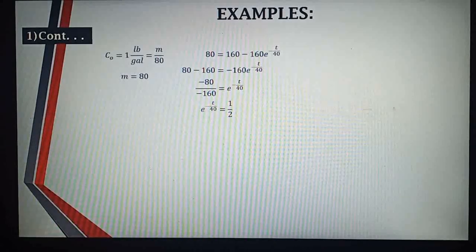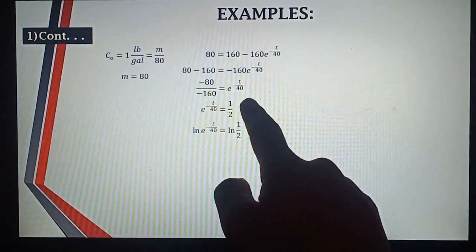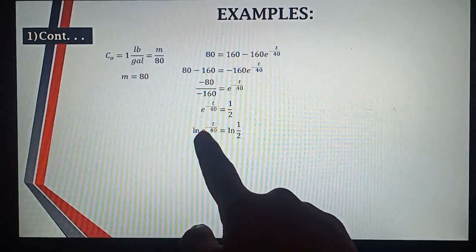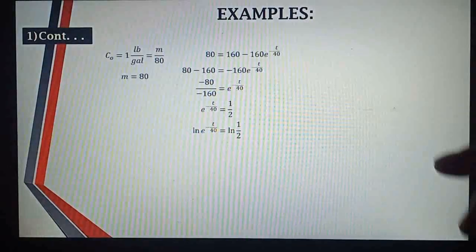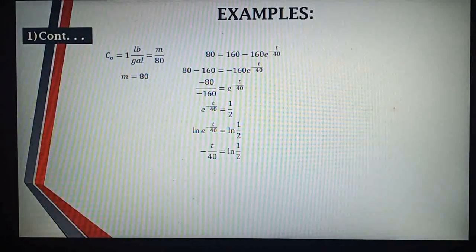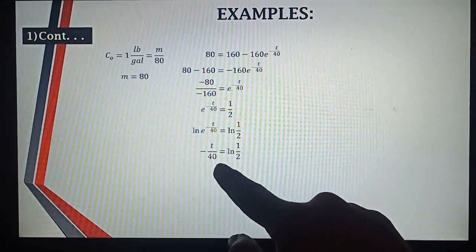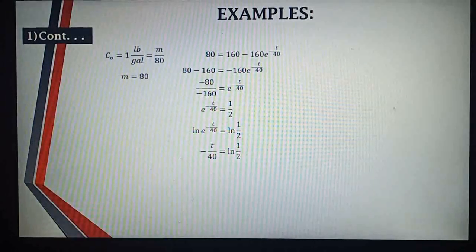Then taking the ln of both sides, this is 80 over 160, that's equivalent to 1/2. Thus you will have ln of e raised to negative t over 40 equals ln of 1/2. So you will now have negative t over 40, because ln e will cancel, equated to ln of 1/2.